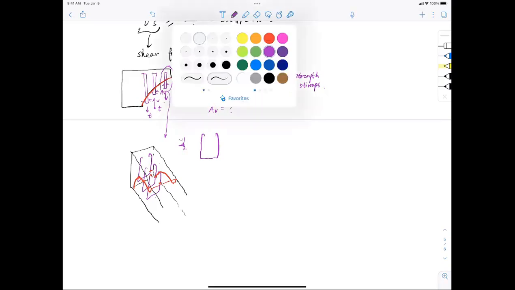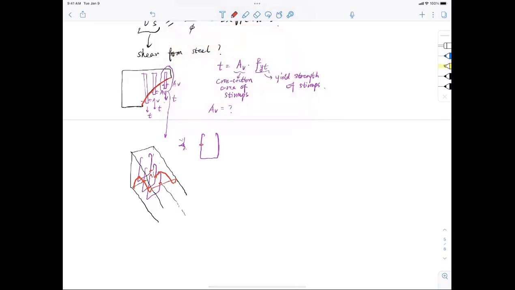But essentially, when I make the cut, I cut here, and I also cut here. So it's actually 2 cuts, or we call it 2 legs of each stirrup. We cut 2 legs.